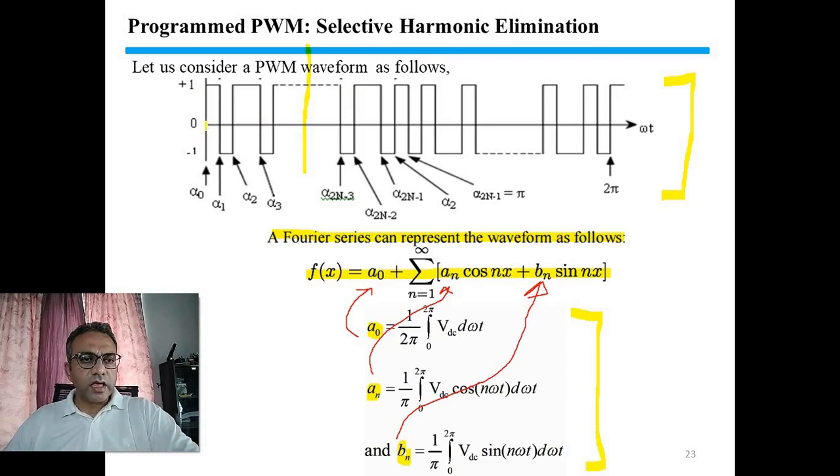That is, from 0 to 90 degrees, whatever is the function of the wave, the remaining quarters have similar functions. That is, whatever the angles alpha naught, alpha 1, alpha 2, alpha 3 are, they are the same for the remaining 3 quarters of the waveform. And this fact will help us to develop the mathematical expression.